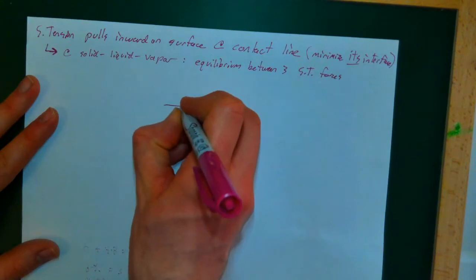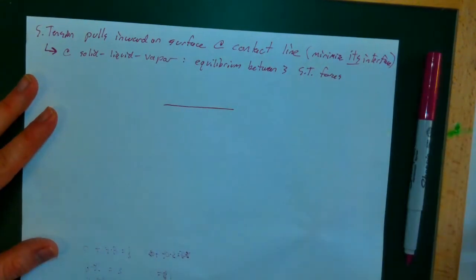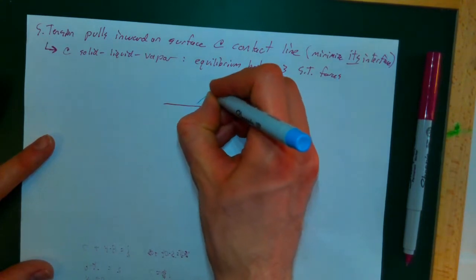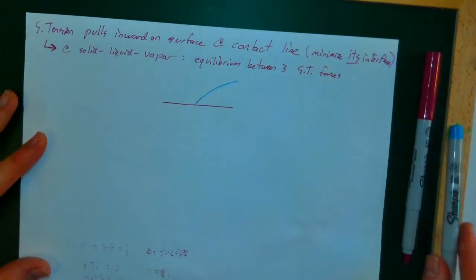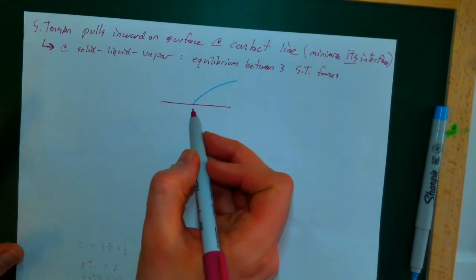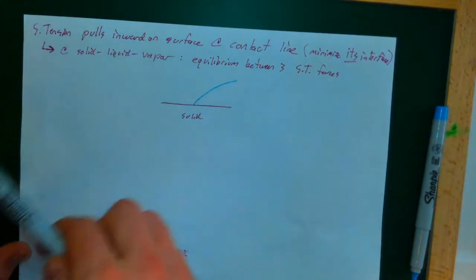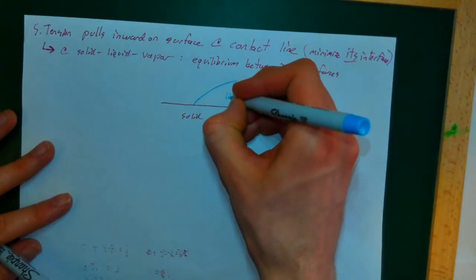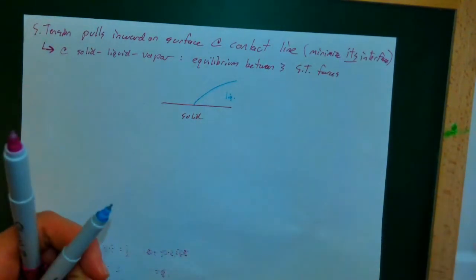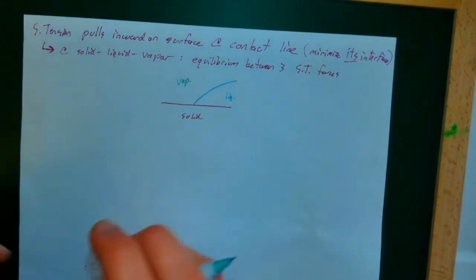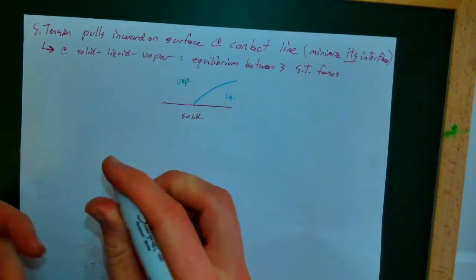So imagine I had a droplet here, and this droplet likes to form a 45-degree contact angle. Here I have the solid, here I have the liquid, and here I have the vapor, i.e. air.